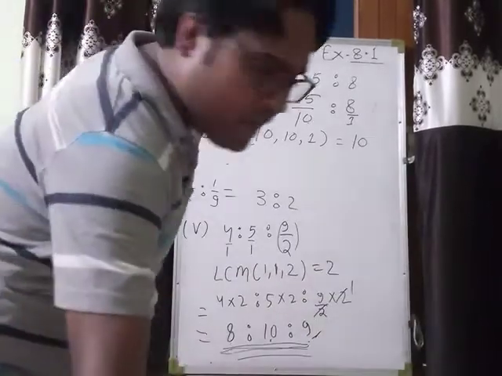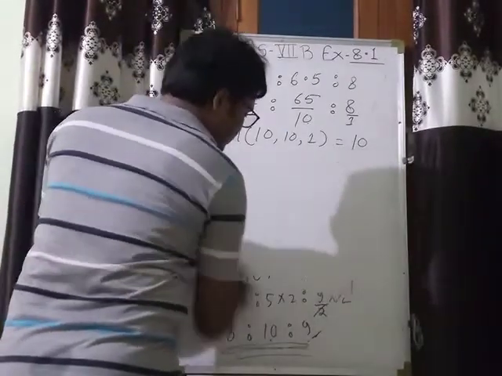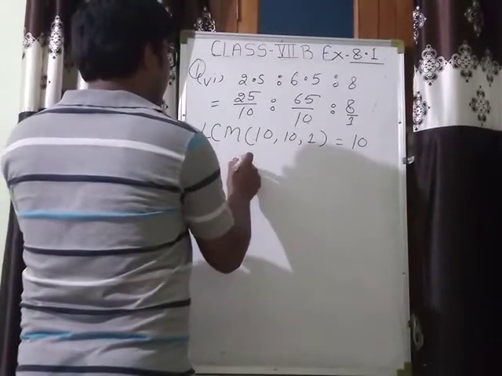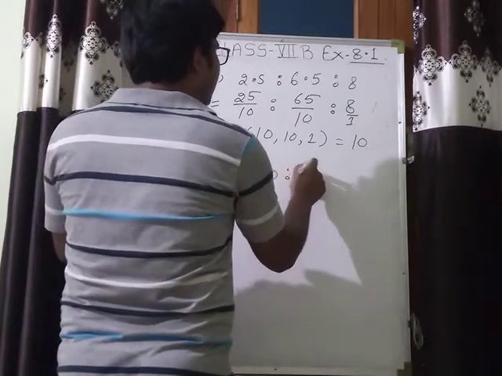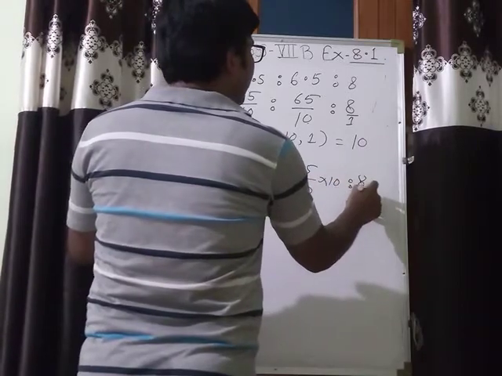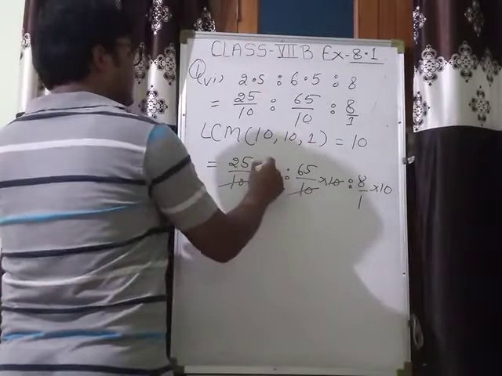Now multiply all the terms by its LCM. So it will be 25/10 into 10, 65/10 into 10, 8/1 into 10. So this can cancel. That is cancelled.